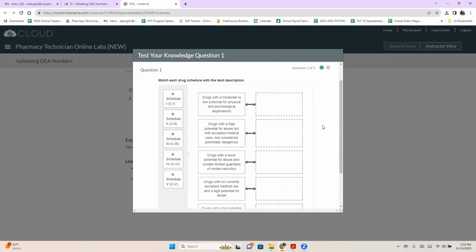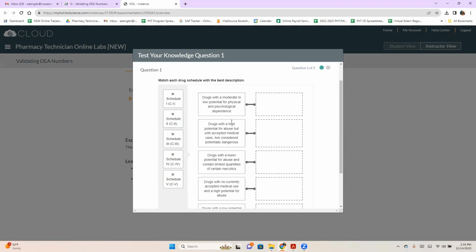All right, so we're going to match each drug schedule with the best description. For the first box, we have drugs with a moderate to low potential for physical and psychological dependence. That is going to be a Schedule 3 drug.